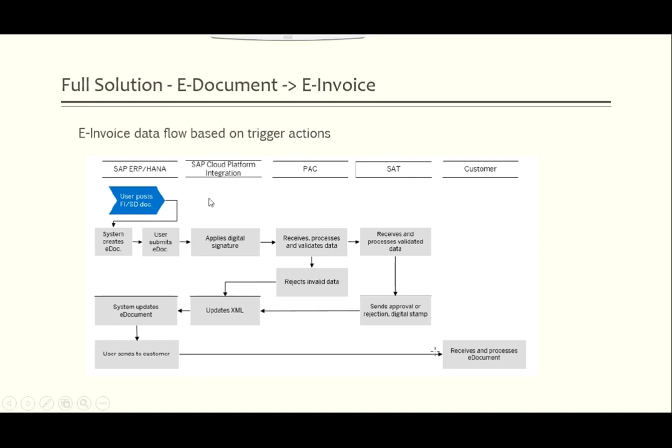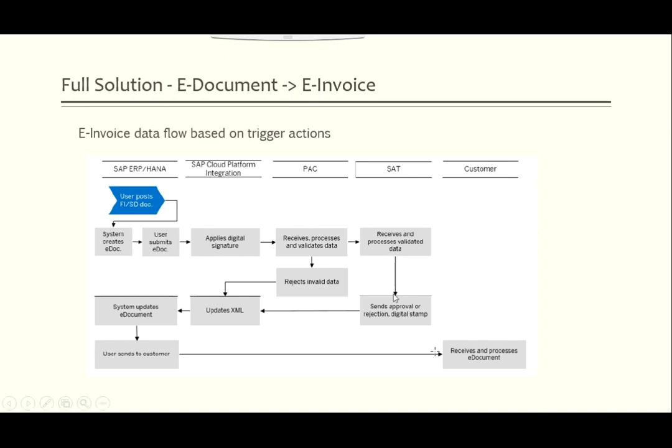And if you see the process flow, on the left hand side we created the FI and SD documents, and once those documents are ready, the system will create the e-document, and the user will submit those e-documents in the e-document cockpit, and it will go to SAP Cloud Platform Integration to apply the signature. Once the signature is applied, it will flow to PAC, and from the PAC to SAT.